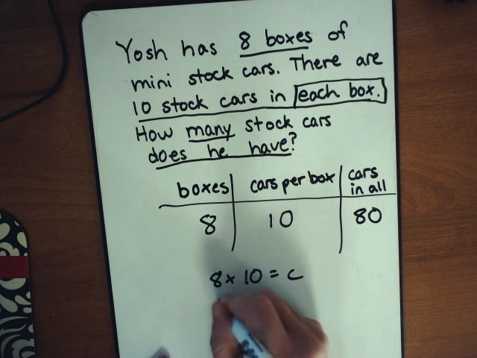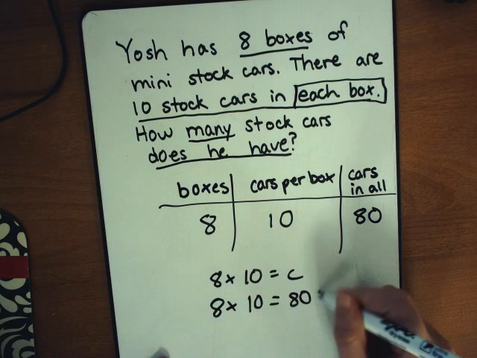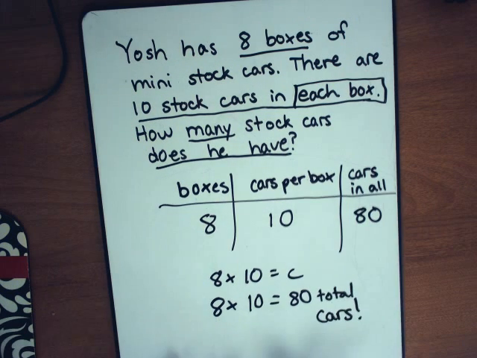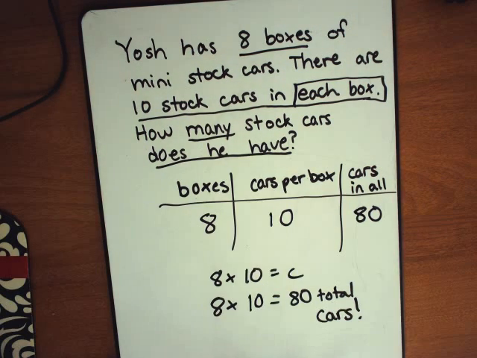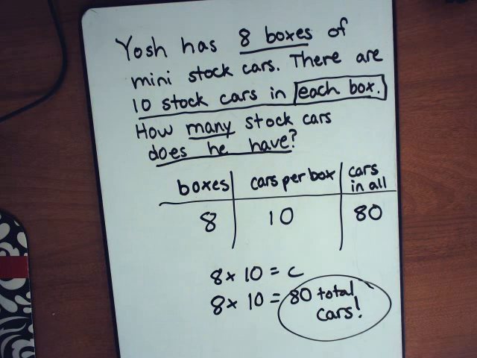And so the number model with my answer is 8 times 10 equals 80 total cars. Okay, so how many stock cars does he have at all? 80 total cars. So on this next one, I want you to go ahead and draw that diagram along with me.